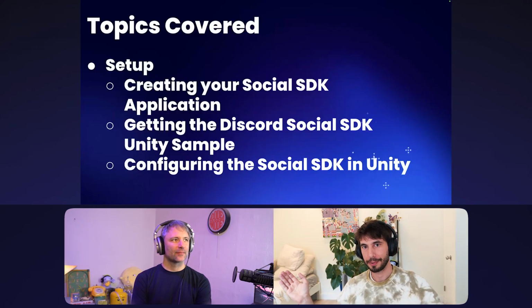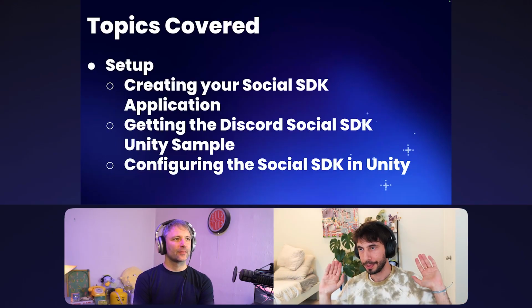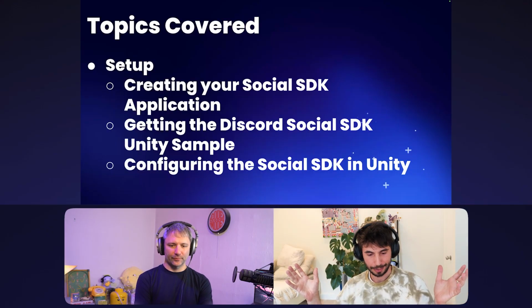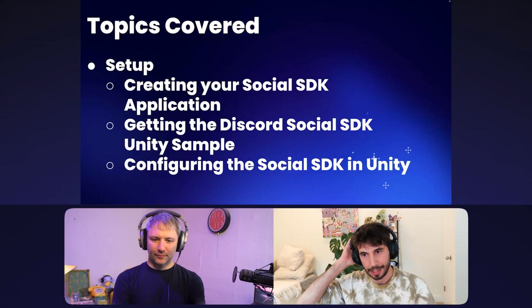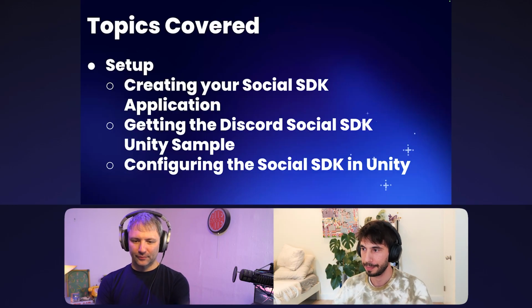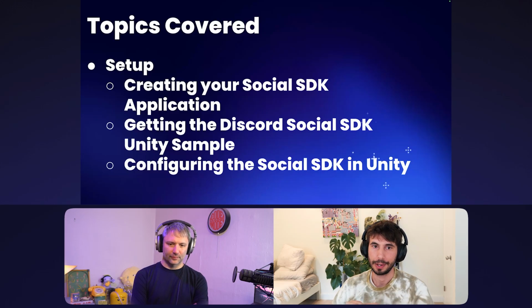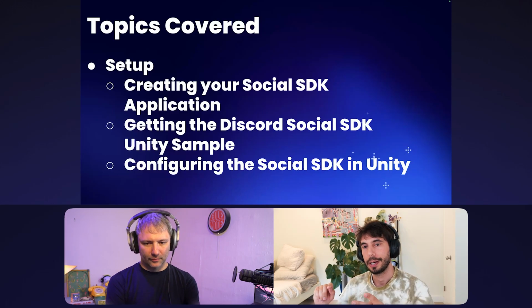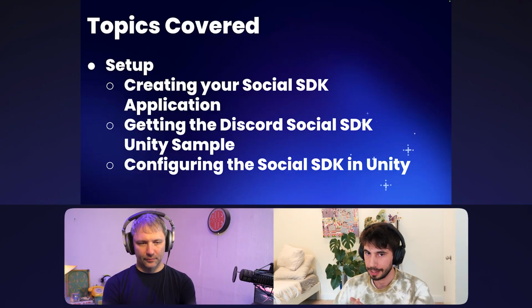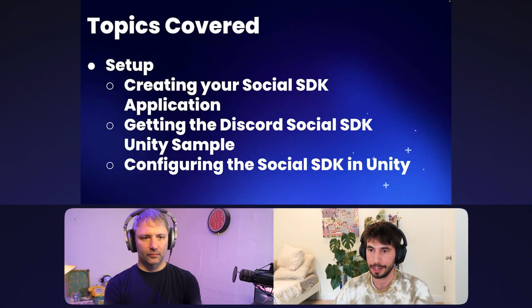And yeah, so here's kind of what we're covering. So we released this GitHub sample today that basically gives you a bunch of prefabs, lets you easily build with the social SDK in Unity. So we're going to basically go through creating your social SDK application in the developer portal, get the sample itself, and then configure it in Unity.